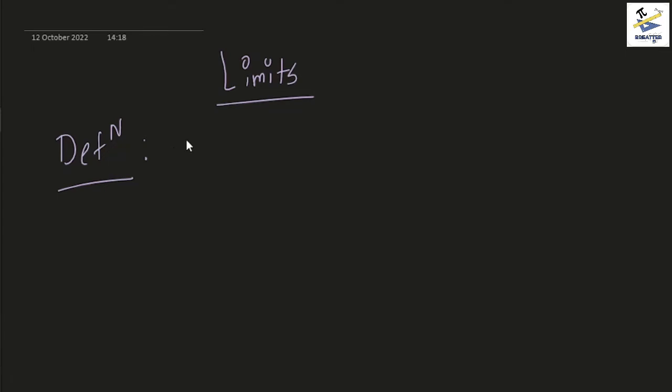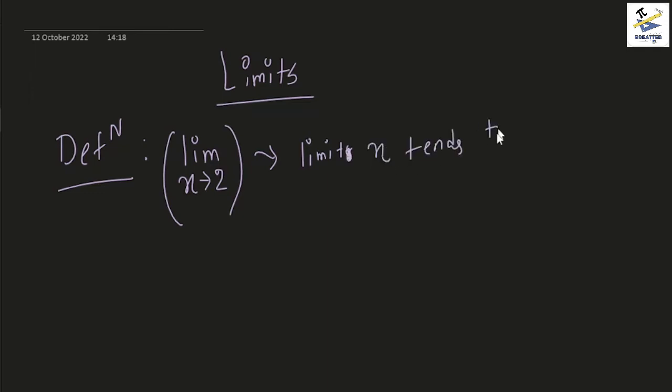What I mean by this is, when I write lim, it means limit, and under it I have to write the variable and the value it goes to. So this expression right here would mean limit x tends to 2. In a general way, when x tends to 2, it always means that x not equals to 2. Okay, but it just goes towards 2.